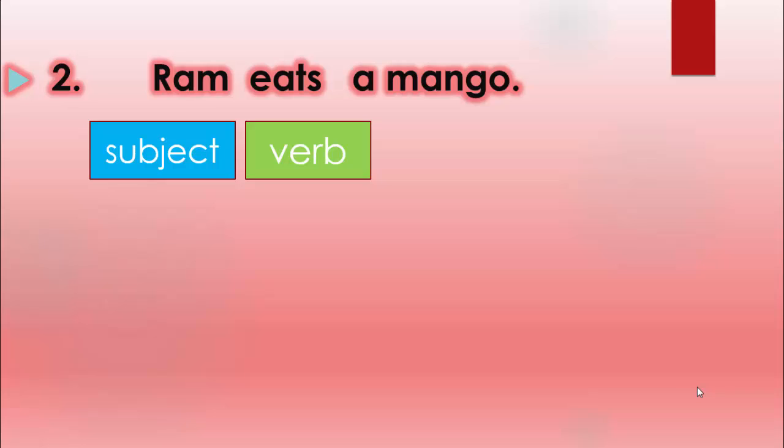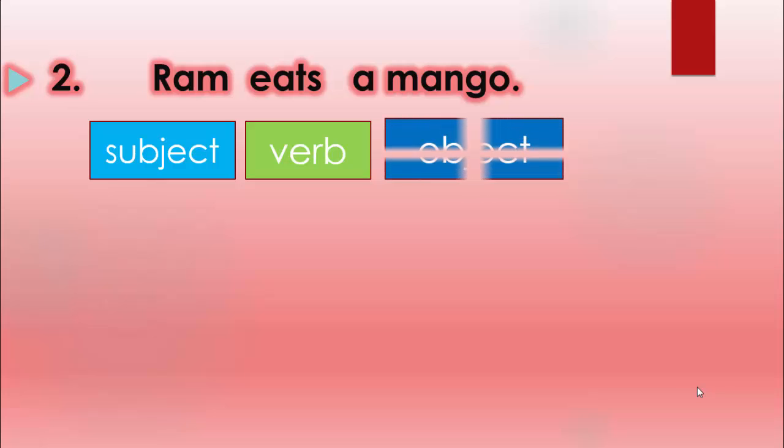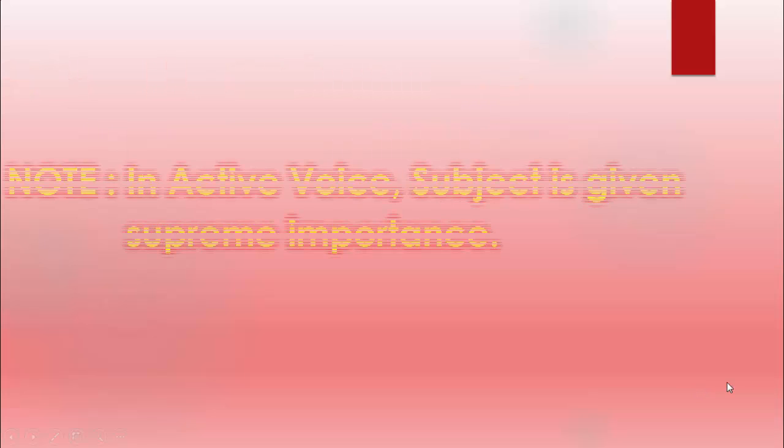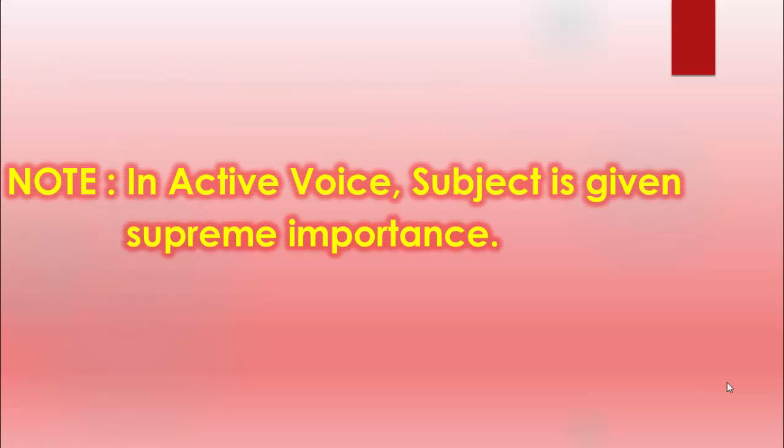What does he do? It indicates an action. So, eats is the verb. A mango is the object in this sentence. So, please note that in active voice, the subject is given supreme importance.